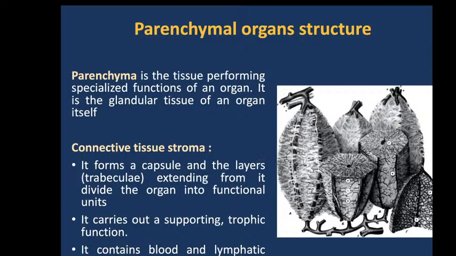Parenchymal organs have one feature. They consist of the thick tissue called parenchyma. This is a part of parenchymal organs, but between parenchyma we have connective tissue, and we name them stroma elements here.